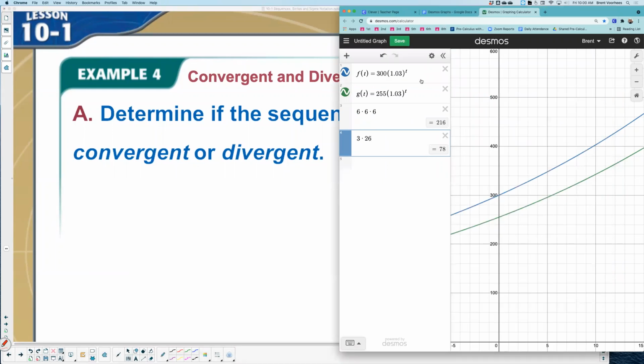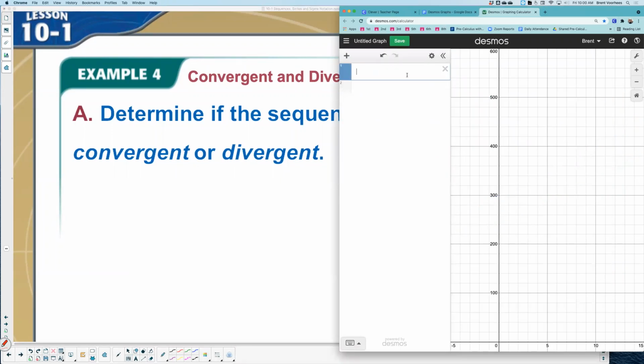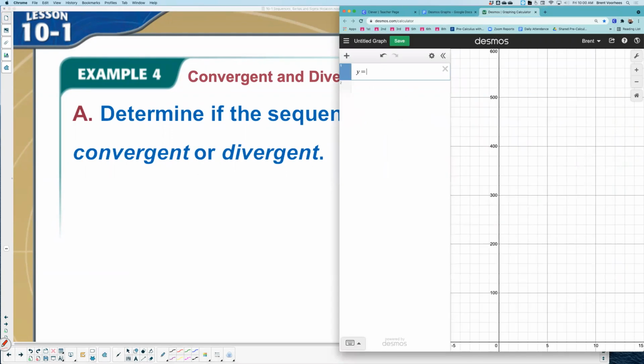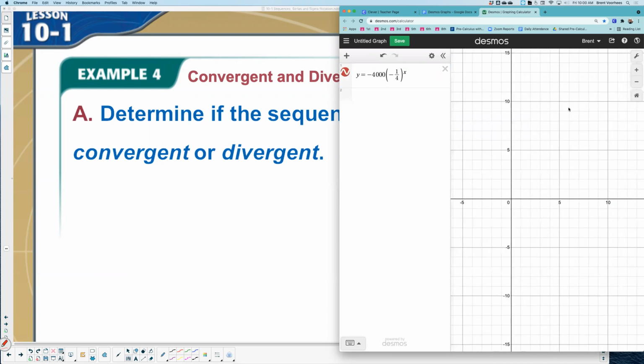So graphically, here's how this works. Our original problem here, I'm going to say y instead of a_n. I'm going to say y equals negative 4,000 times negative 1/4 to the power of x. And I'll press the home screen here.